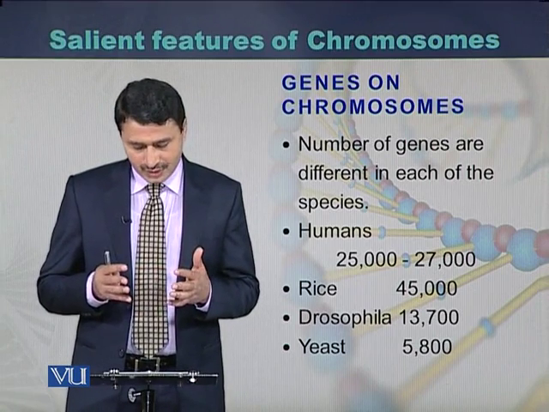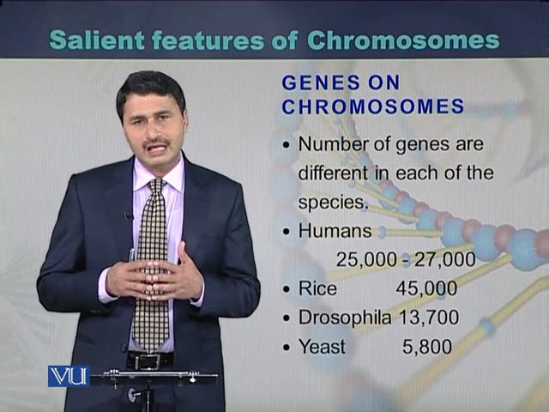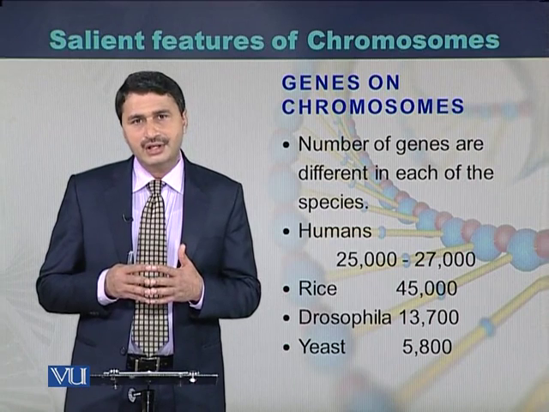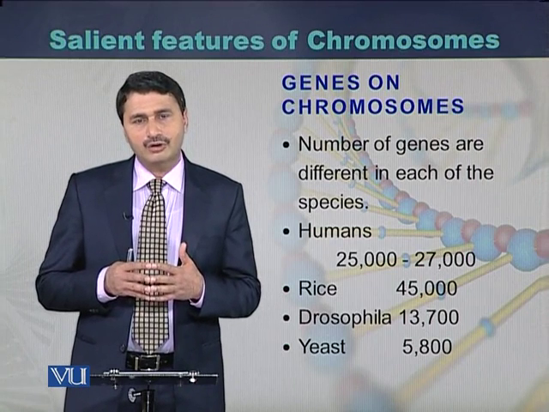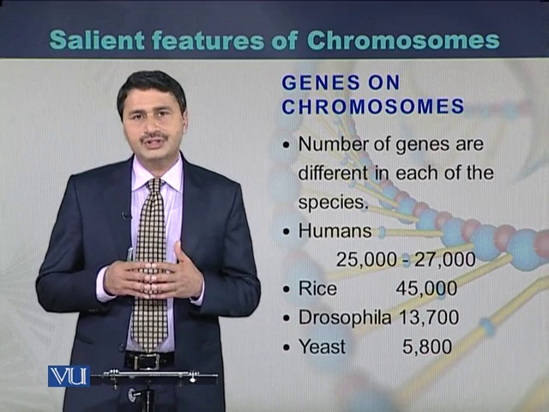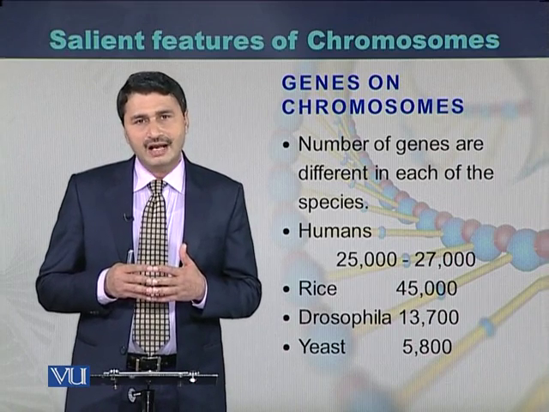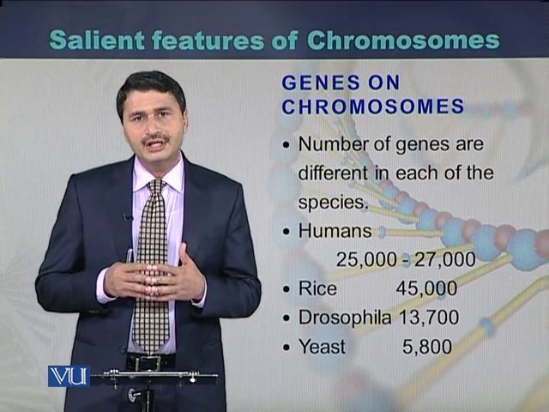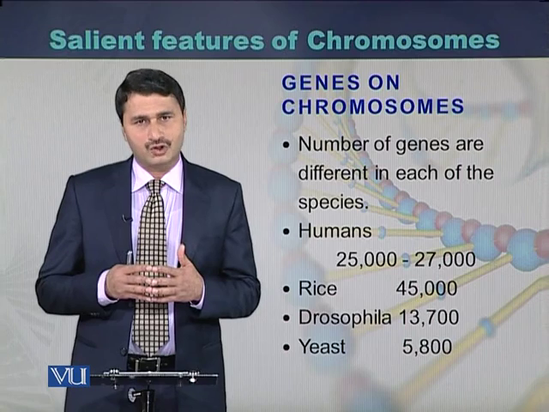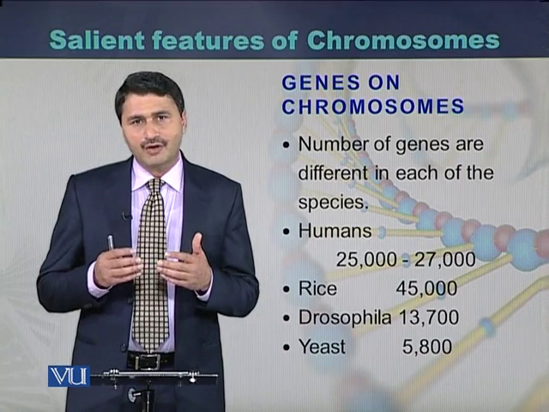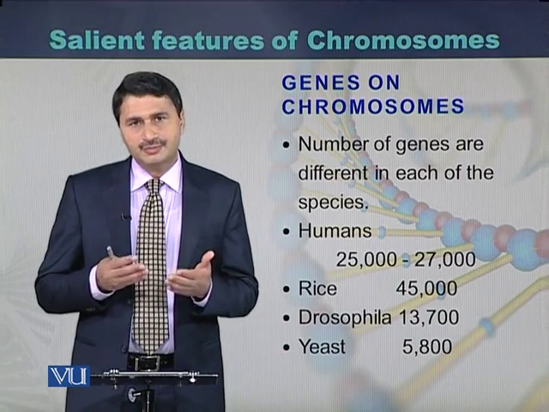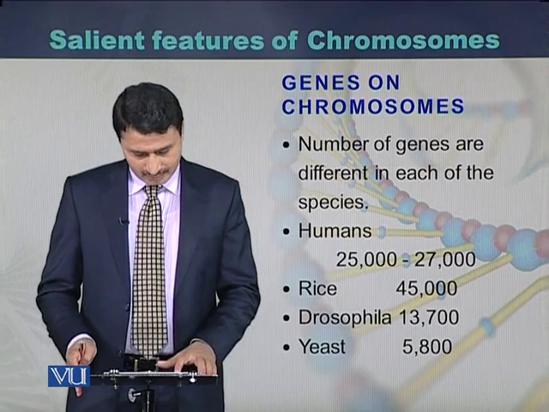In Drosophila, approximately 13,700 genes are present on the chromosomes, and in yeast approximately 5,800 genes are present on the chromosomes. So the number of genes on the chromosomes varies from species to species.